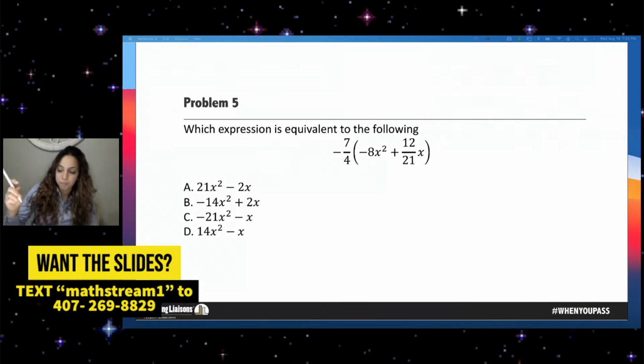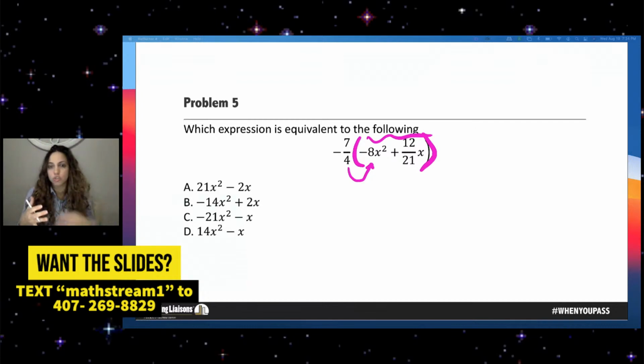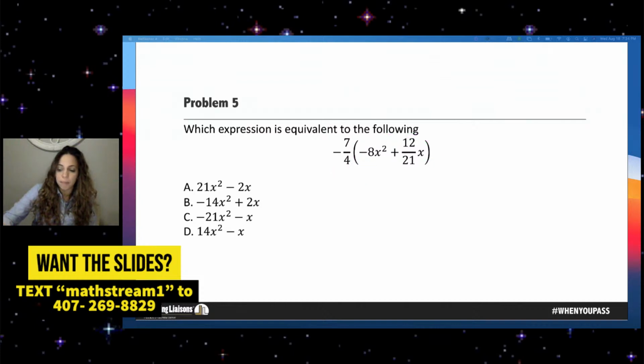So here we go. If we're trying to simplify this expression, I'm going to use the distributive property. Everybody needs to know that. The distributive property says that if I have a set of parentheses with something inside, an expression or some sort of set of numbers, then I'm going to multiply what's on the outside through the entire thing, as long as there's not a plus and a minus in between it.